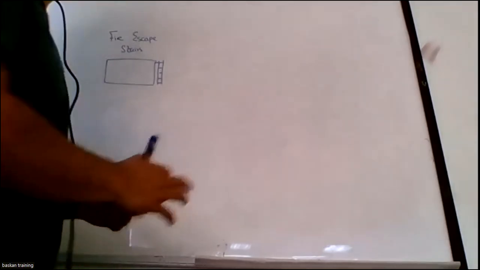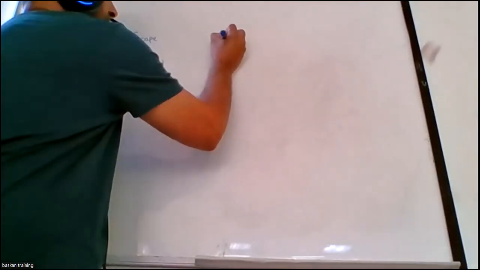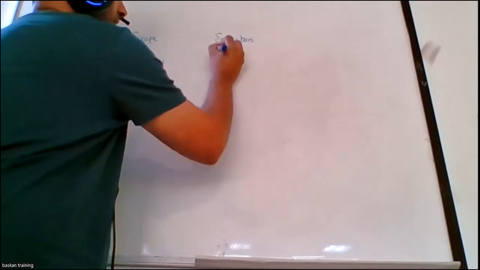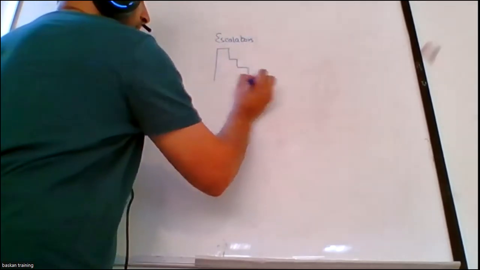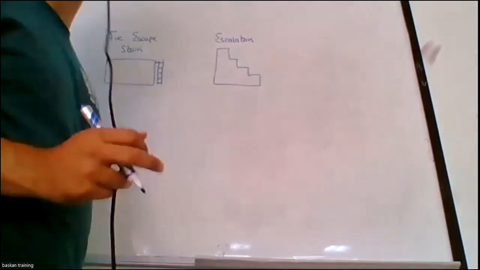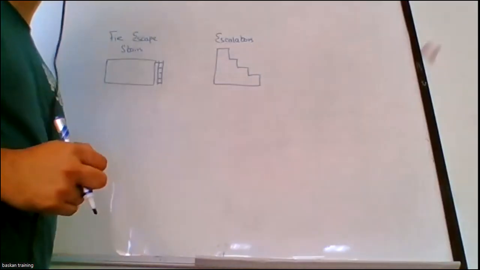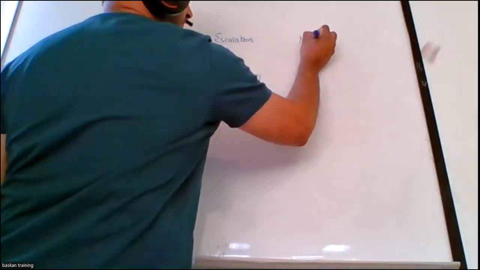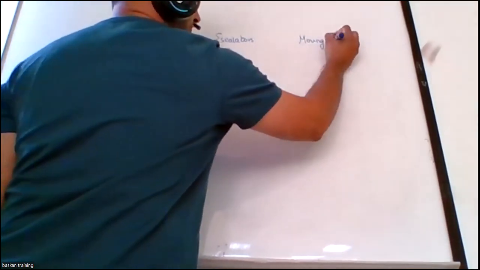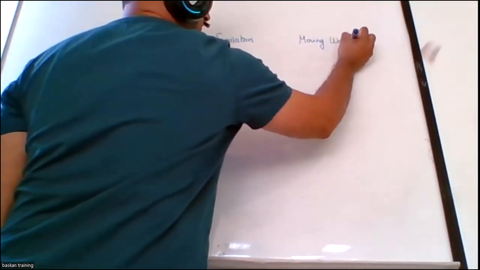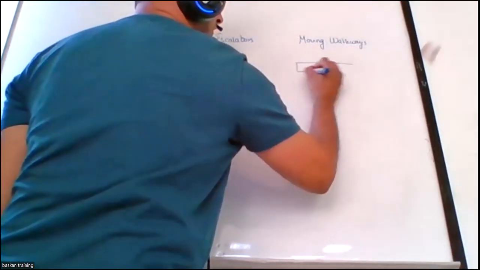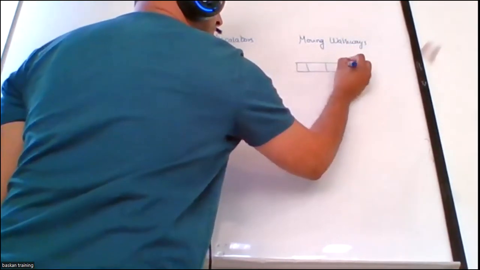Then we have escalators, inclined people movers. They are also not considered as means of egress. Moving walkways, horizontal people movers, usually found in airports.